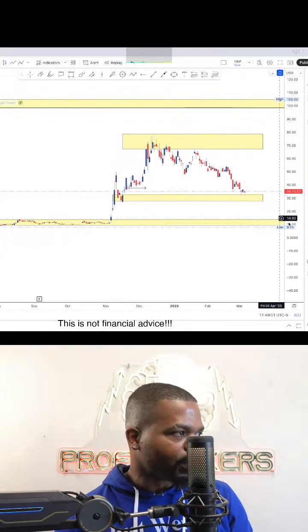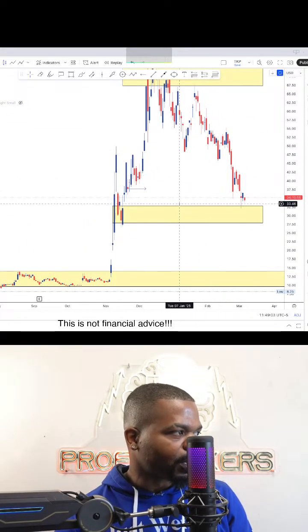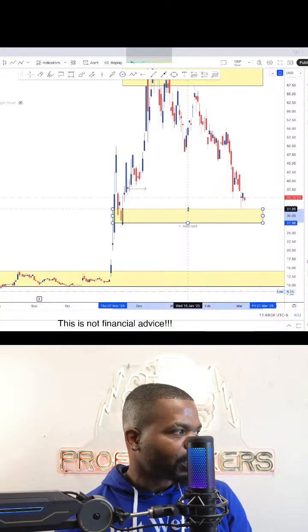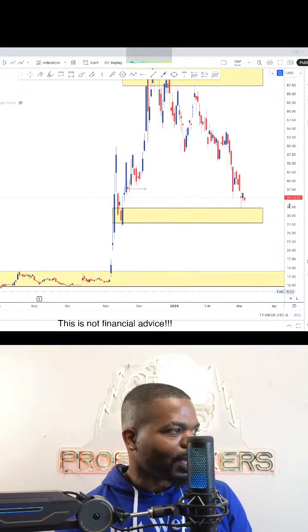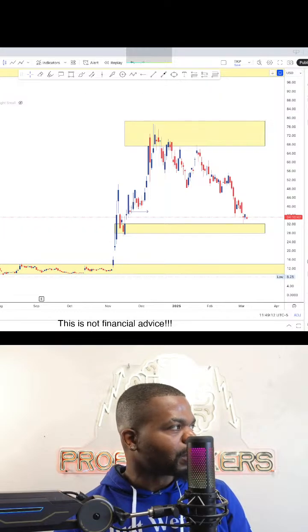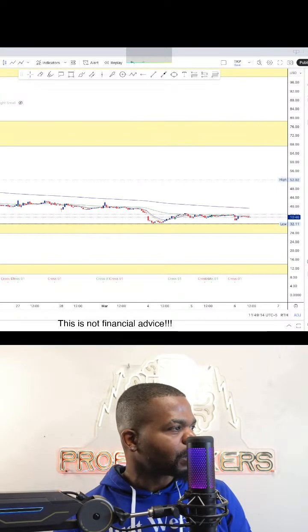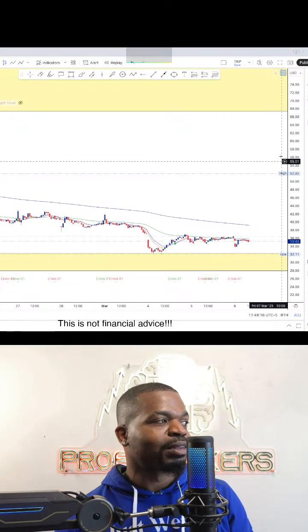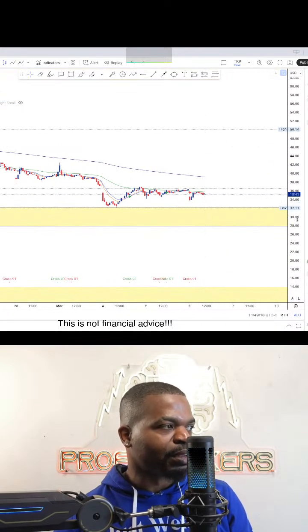Let me zoom in a little bit, make sure I got that on there. Yeah, now it can go a little lower. Let me see what those EMAs are. So the exact same concept with this trade setup.